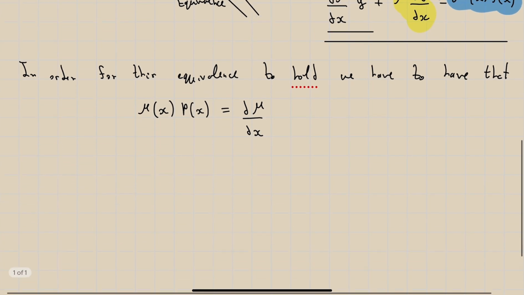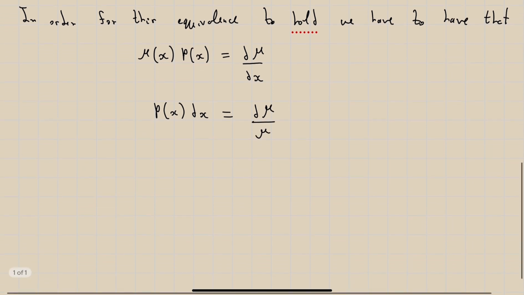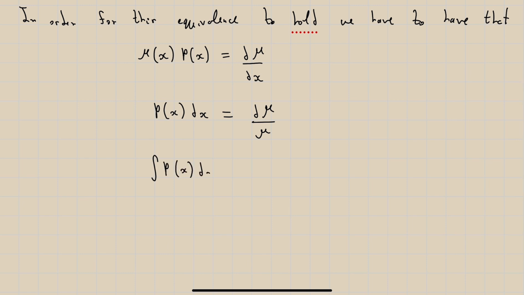Okay, but this is easy to solve, and this allows us to get what possible mu's we can have. We solve this simply by writing d mu over mu, and we can just integrate, and we get the integral of p with respect to x plus some integration constant c, and we get ln mu(x).